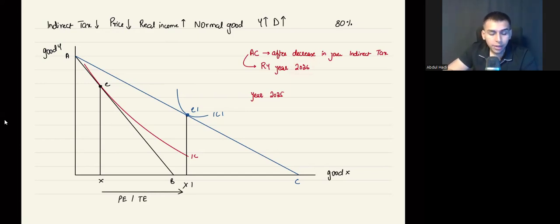Is current year's income more than 2026's income, or less? Is my real income higher this year or next year, when the price level will fall?